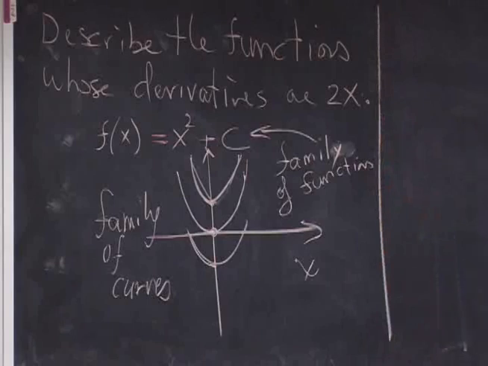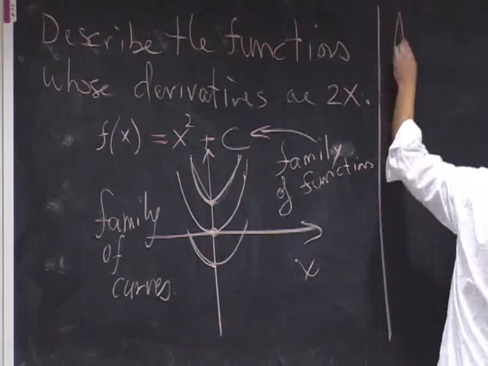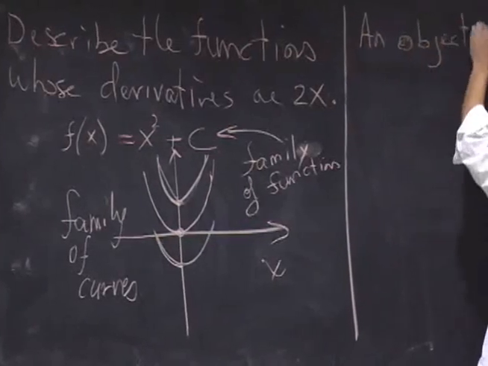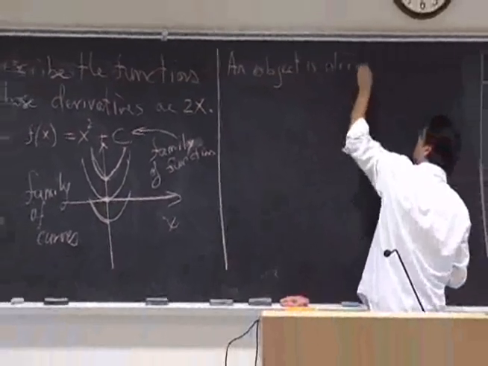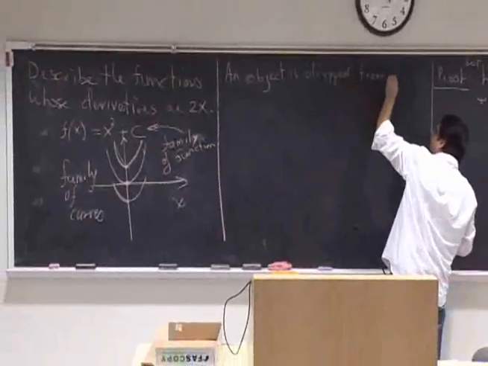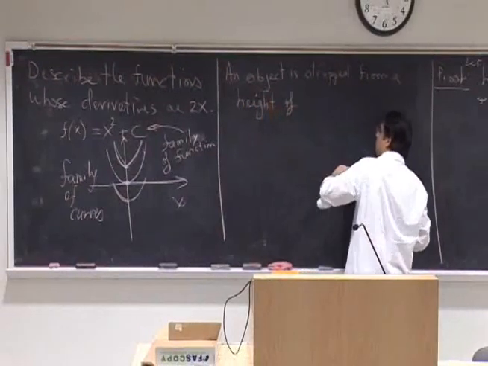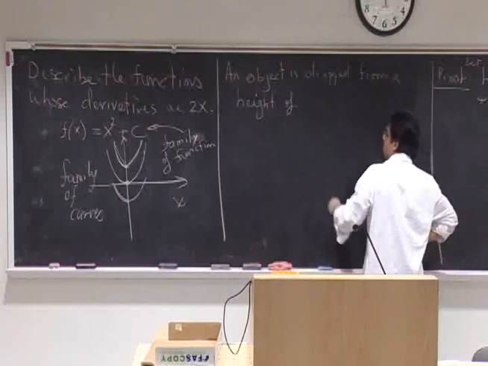Now, let's do a real world example here. An object is dropped from a height of 300 meters.